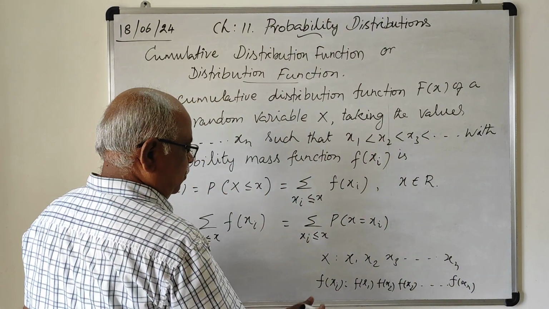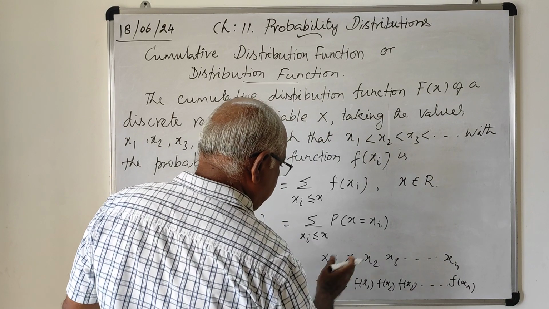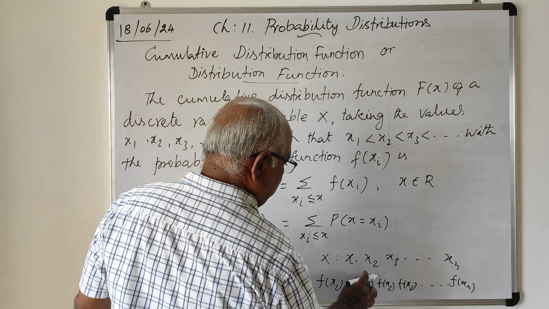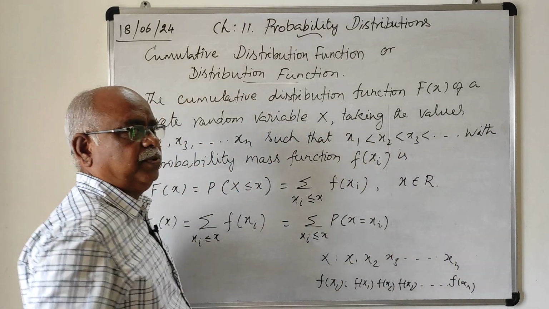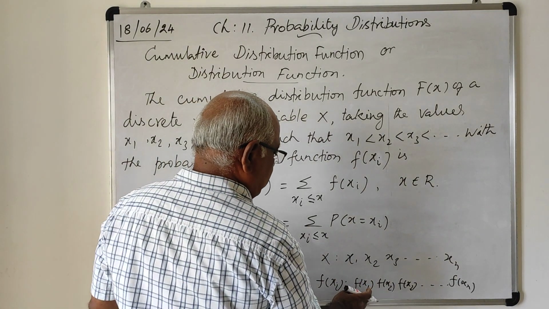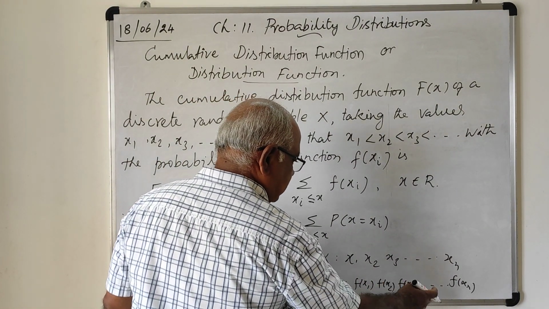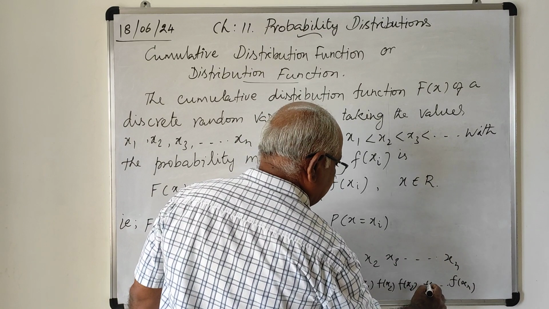In this case, if you add those probabilities successively, that is called cumulative distribution function. f of x1 plus f of x2 plus f of x3 and so on, up to f of xi.